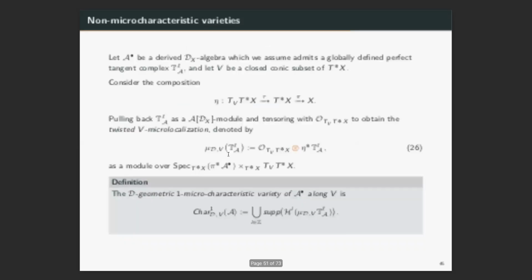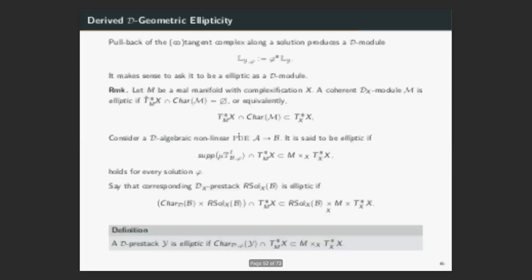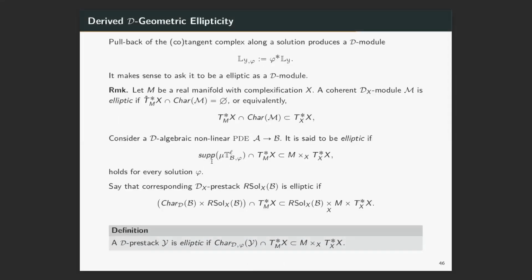This was micro-localizing, by the way. So it's just tensoring with some sheaf of functions on some cotangent bundle or some normal bundle. And you ask that this holds for all the solutions. And then you can even do a bit more, a solution-independent one, asking for this larger thing. And now we have a way of saying when a pre-stack is elliptic. It's elliptic again, and you can make sense of it for all solutions as well.